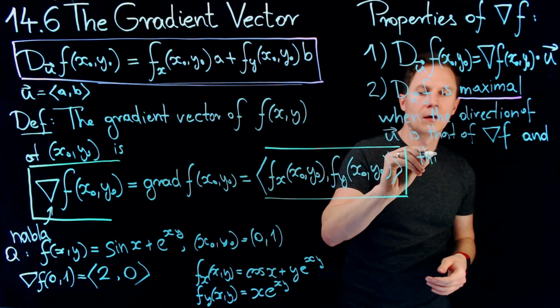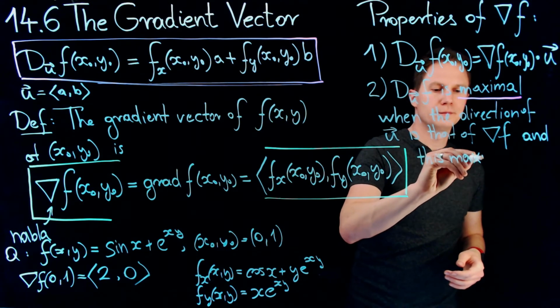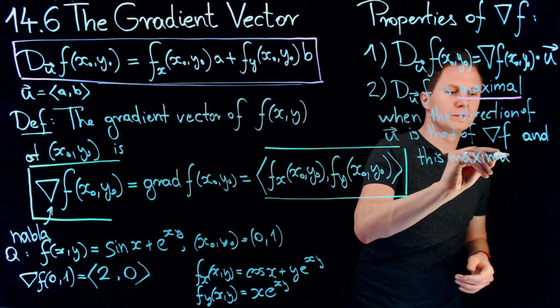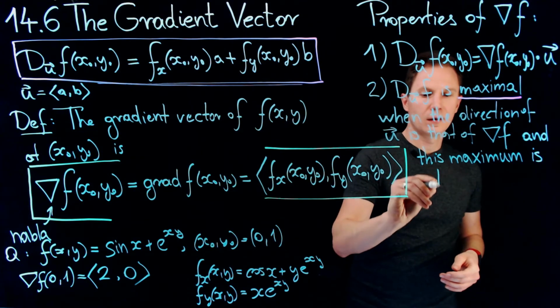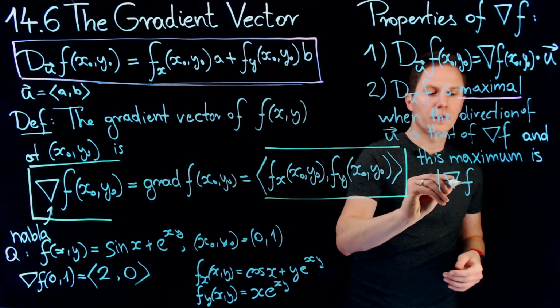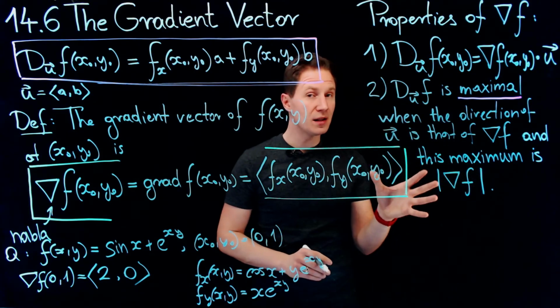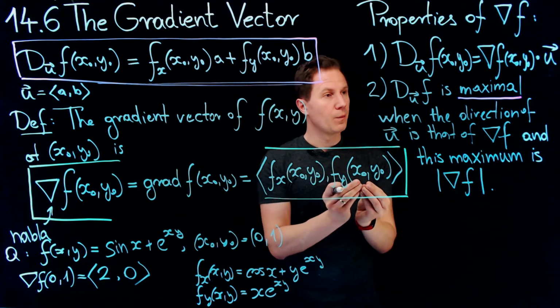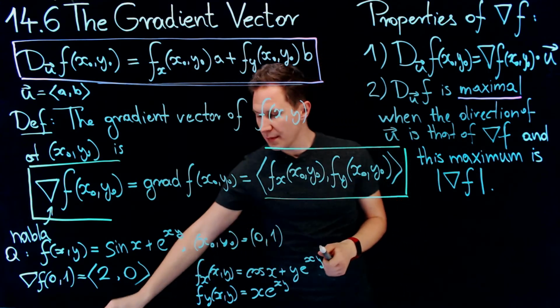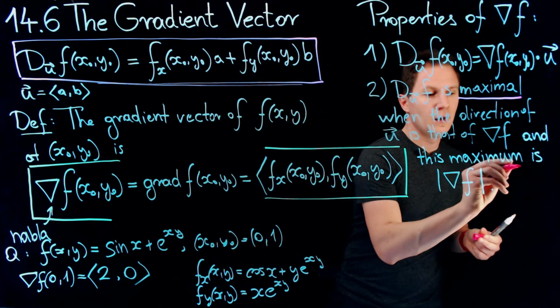and this maximum is given by the length of the gradient vector. Okay, so this gradient vector really contains lots of information in itself.